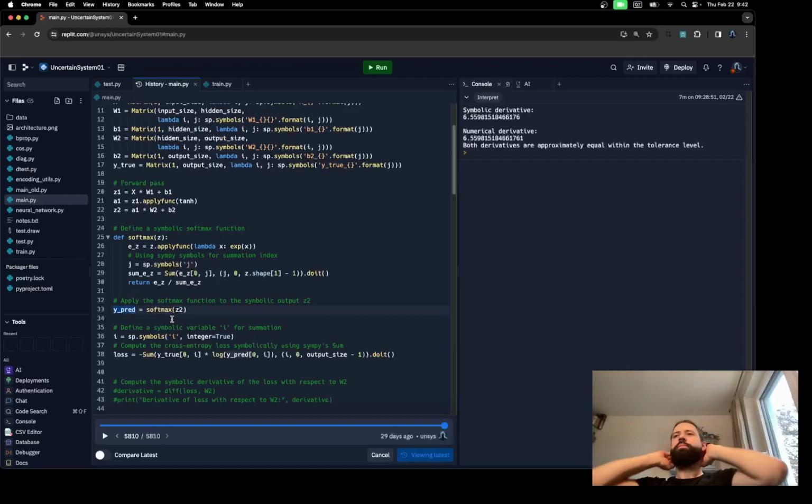What you're trying to do is, this is my predicted value, so then I have my loss function.